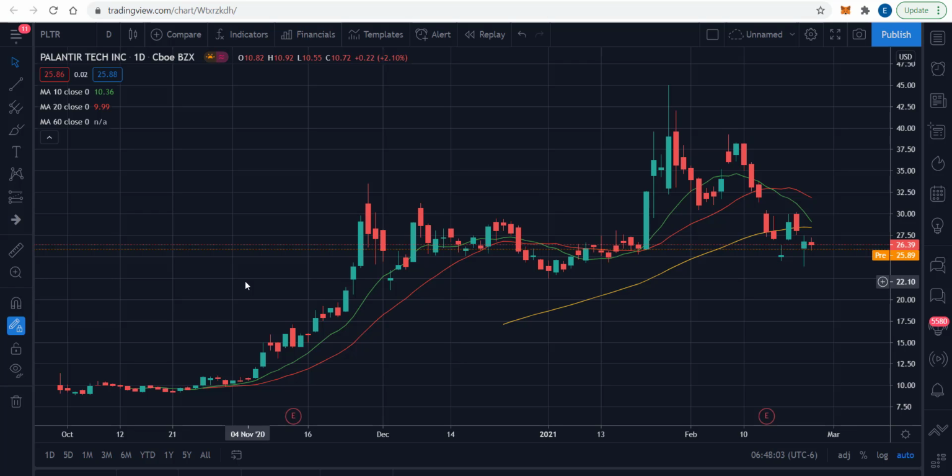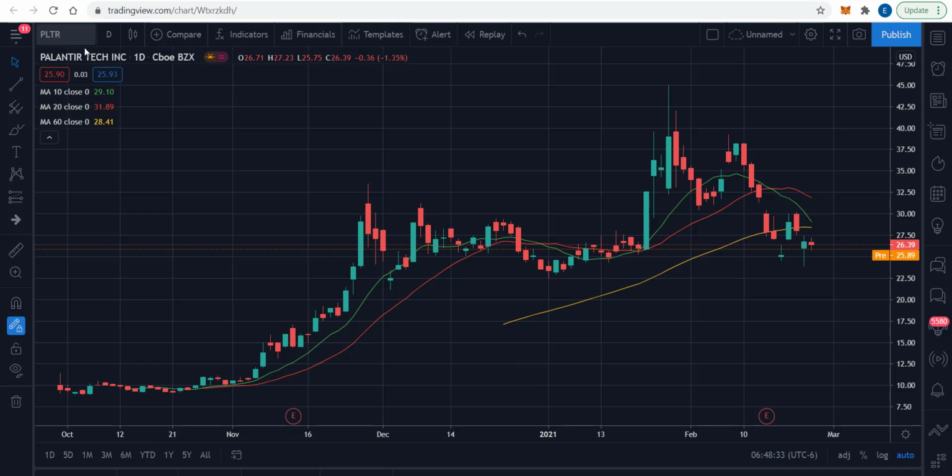I like trading when all three averages are in line. If you look back here, for most of February, you saw the 10-day higher than the 20, which was higher than the 60-day. Ironically, February saw a big drop in price, and then it popped back up. So I'm sure there's a downward trending channel there for us to take a look at.